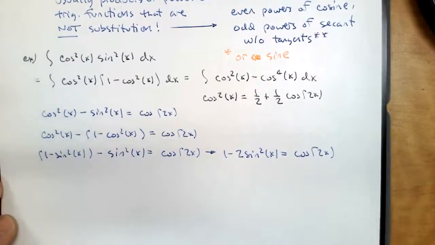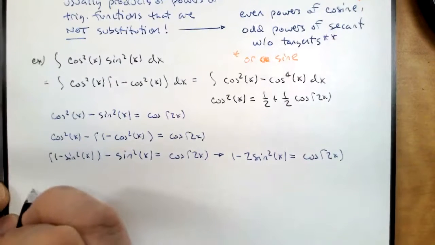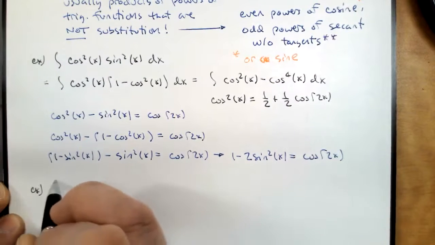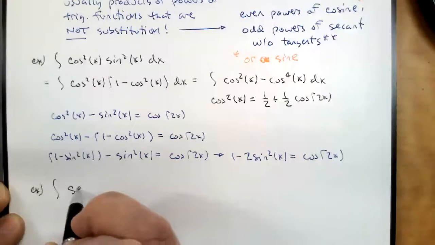All right. So when we're looking at odd powers of secants without tangents, the first one we need to deal with is one that we technically already know.